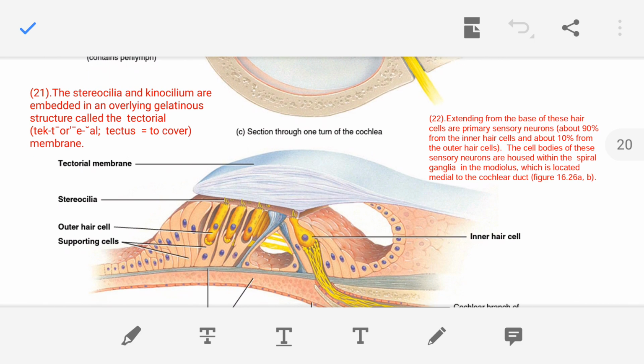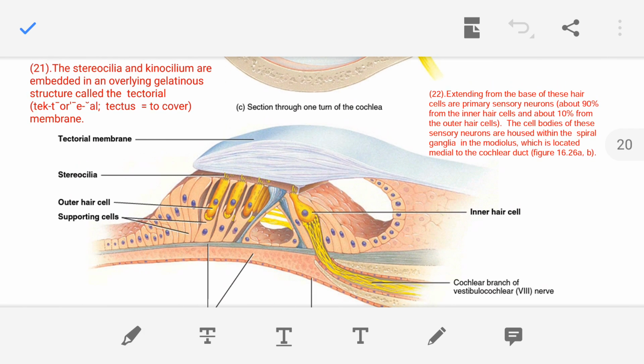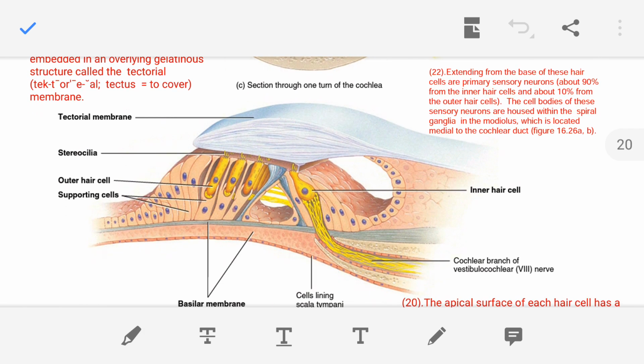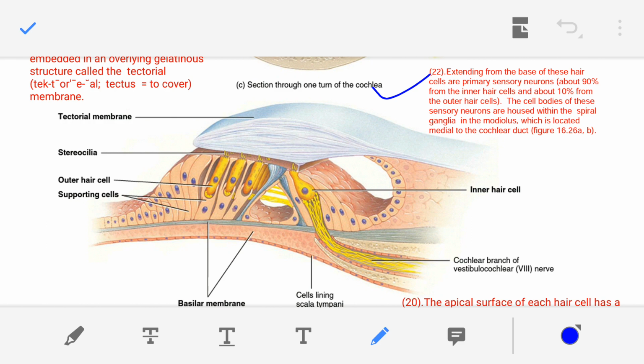Now point number 22. This is the point number 22. See, extending from the base of the hair cell, for example, this is the hair cell they are showing.